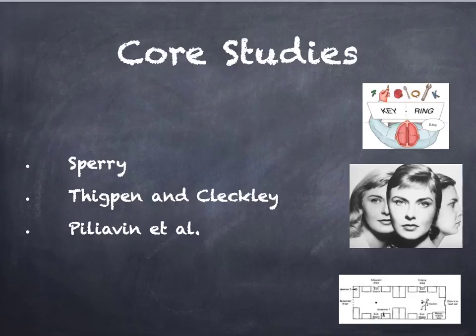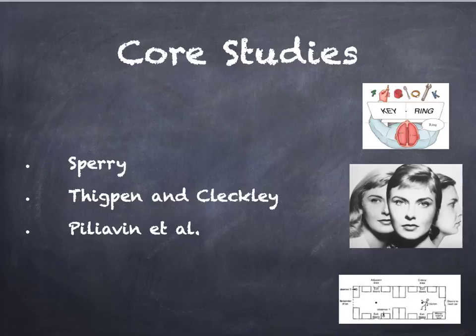And for each type of data, I want you to write down what an advantage and a disadvantage of the qualitative and quantitative data is. So Sperry, for example, you will write down number 1, a piece of quantitative data, an example of that, with an advantage and disadvantage of that type of data, and then a piece of qualitative data that was collected by Sperry, and again an advantage and disadvantage of that type of data.